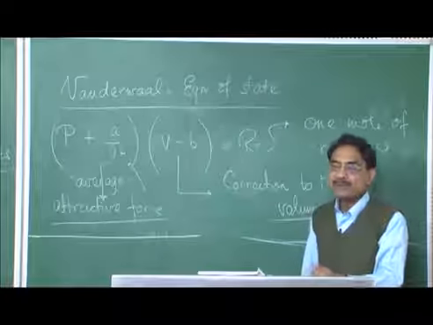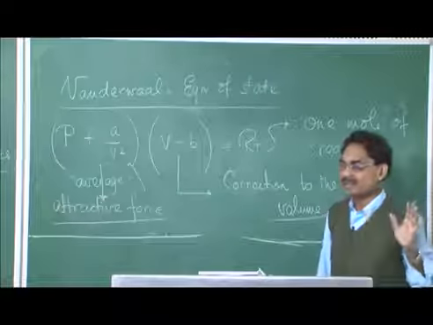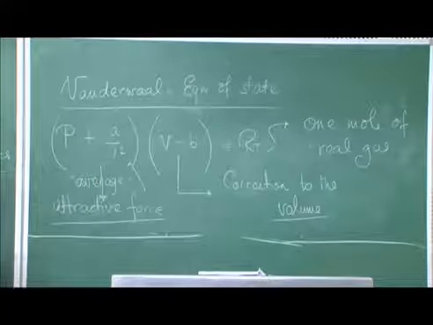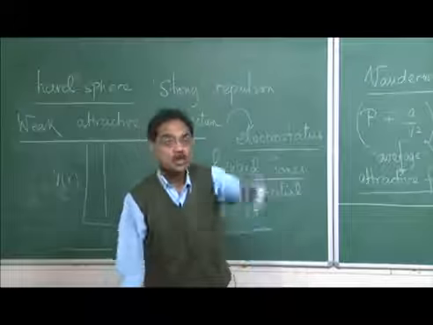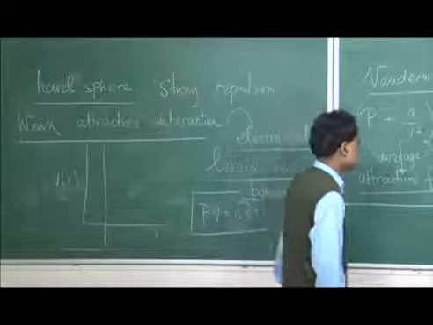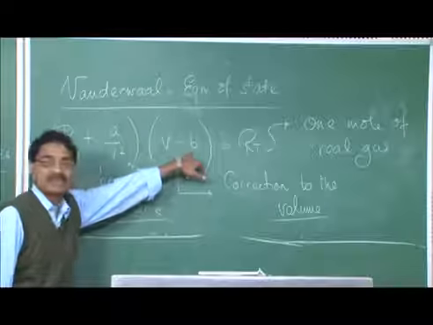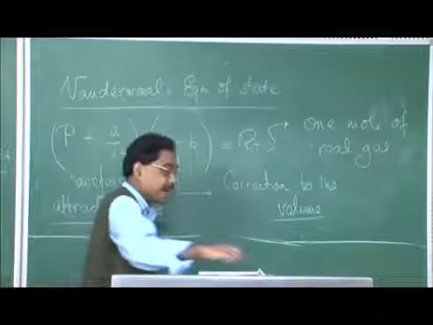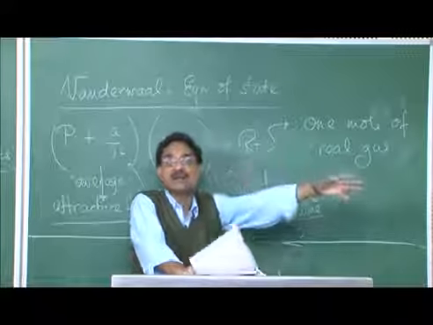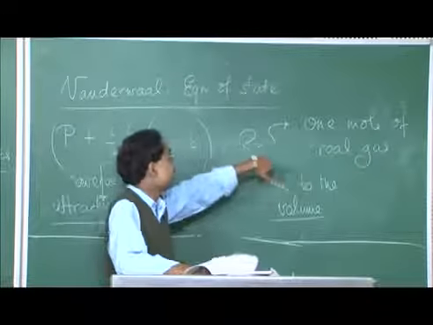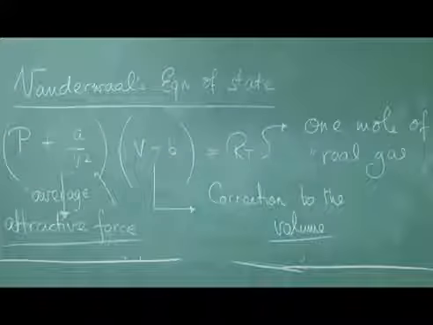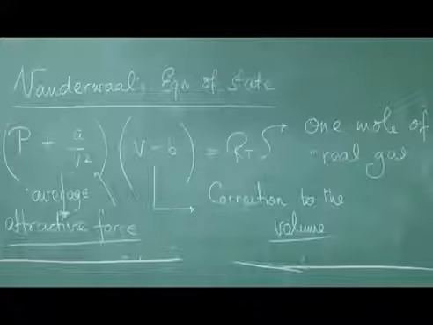You can already guess why this correction to the volume. Correction to the volume is coming because of the second issue. I assumed molecules to be point particles. We have already seen in the beginning of this lecture, they should be taken as hard spheres. That is also an approximation, but it is a better approximation than point particles. So, there will be a correction. Why this correction? The entire volume of the container is no longer available to a molecule. Some volume is excluded. b measures the volume that has been excluded.